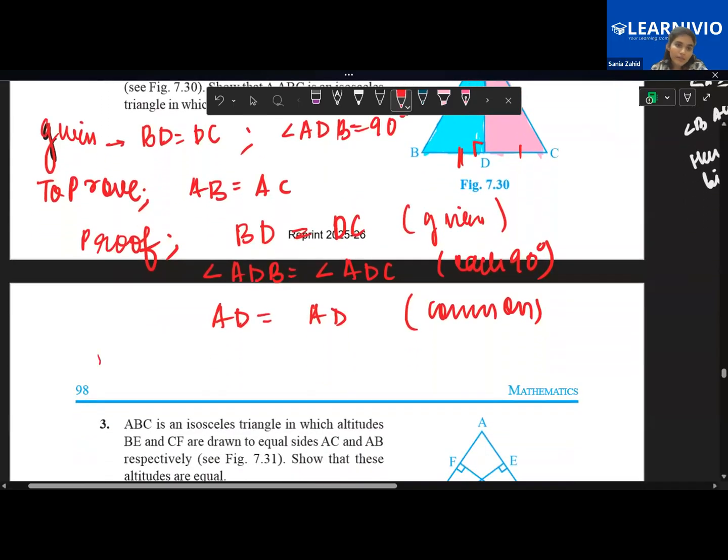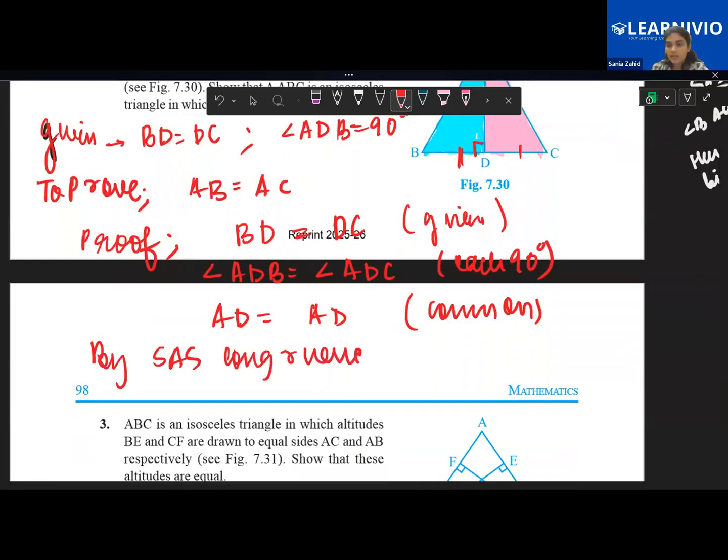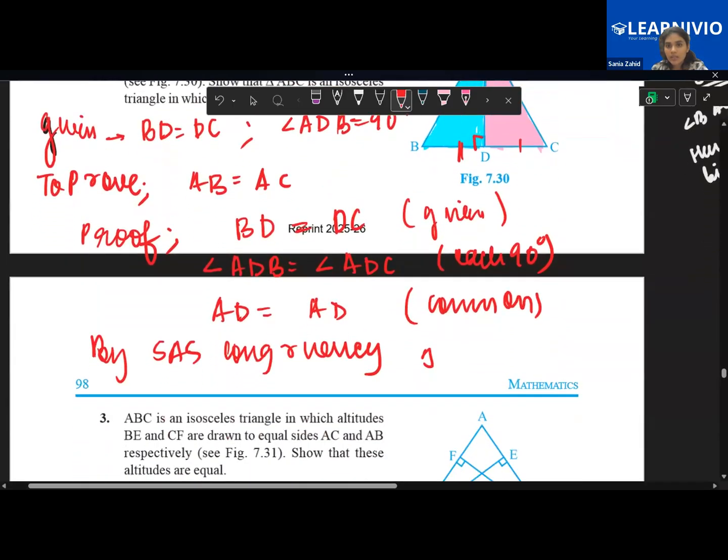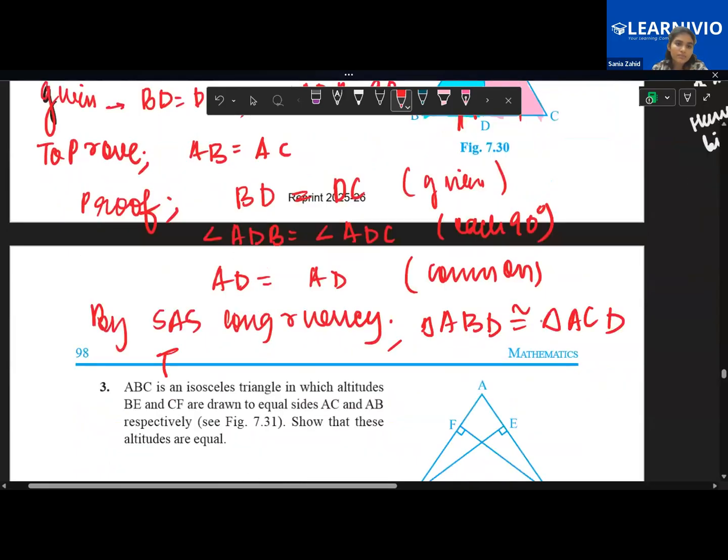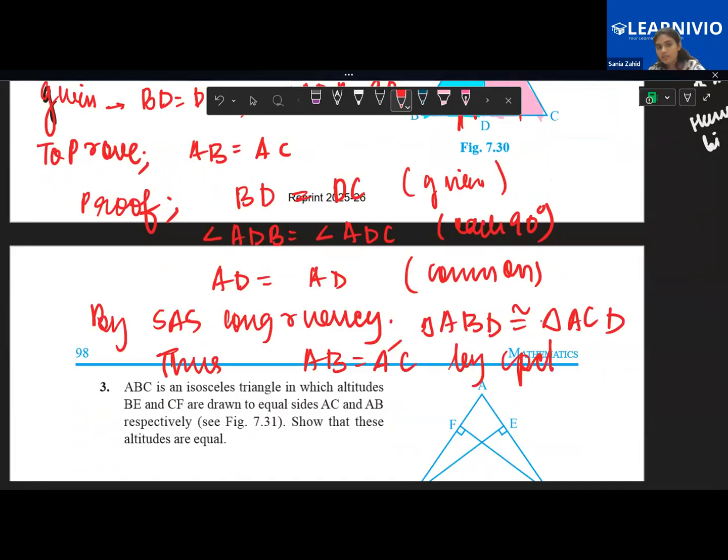So I am using SAS congruency: triangle ABD is congruent to triangle ACD, and thus AB equals AC by CPCT, right?